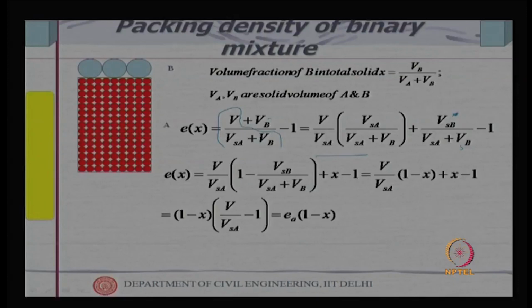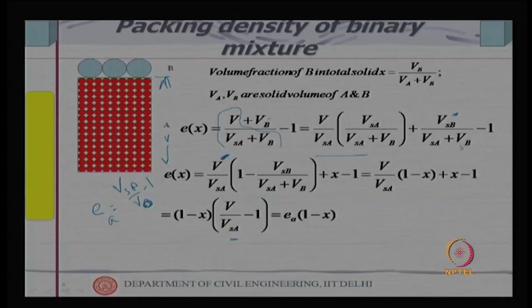Now, this V S A is 1 minus V S B, because my total volume is 1, and V is the original volume. So, this is original volume and total volume is 1. I am just writing it separately in this manner, right, because original volume V, and this original volume I am using to define the V S A. In the same total volume, original volume V, the E A will be defined as V S A divided by V, minus 1.